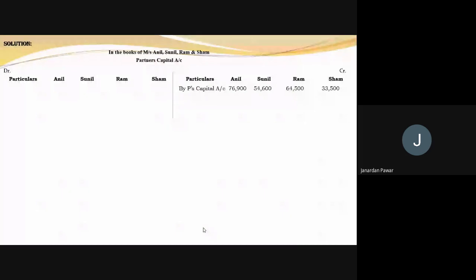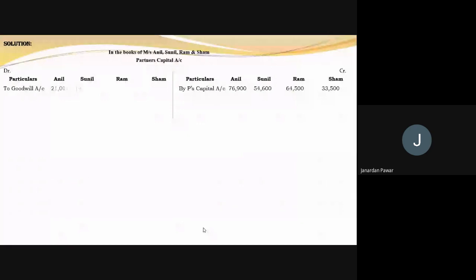Okay, and they said that there is the capital of rupees 1,60,000 only, and that will be distributed among the partners in the ratio of 3:3:2:2. So first we have to make the adjustment related to goodwill, and then we have to adjust the capital also.